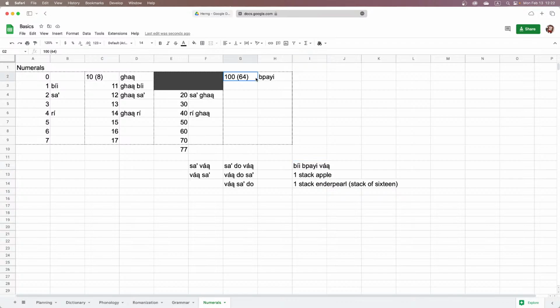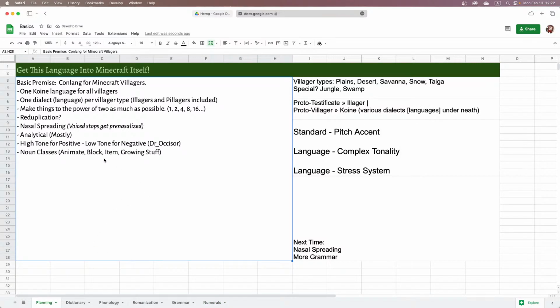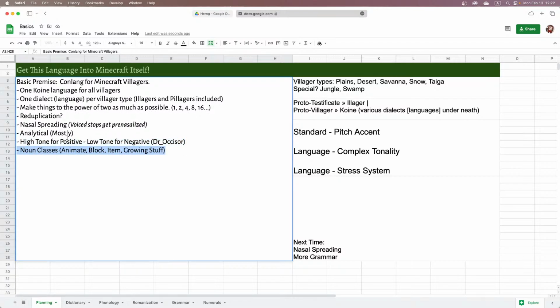So, stack. So these are numerals, and these here are measure words. Oh, if I remember correctly, we were planning on having noun classes.